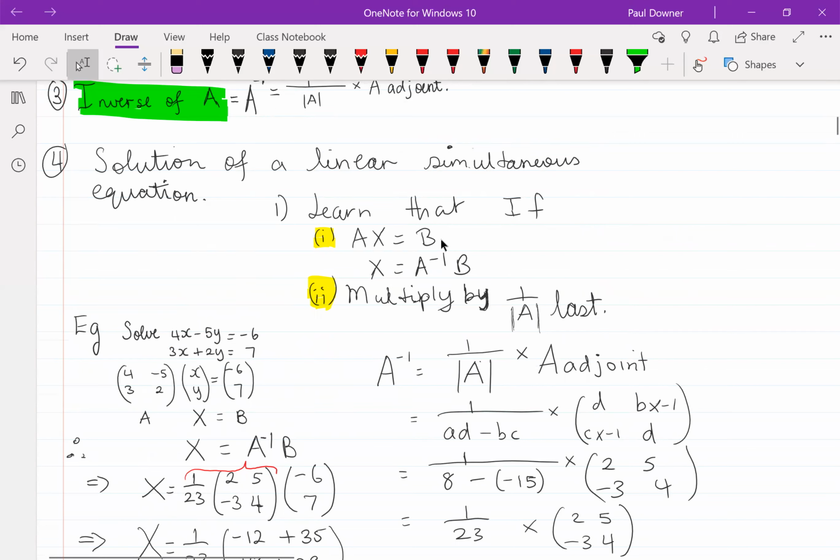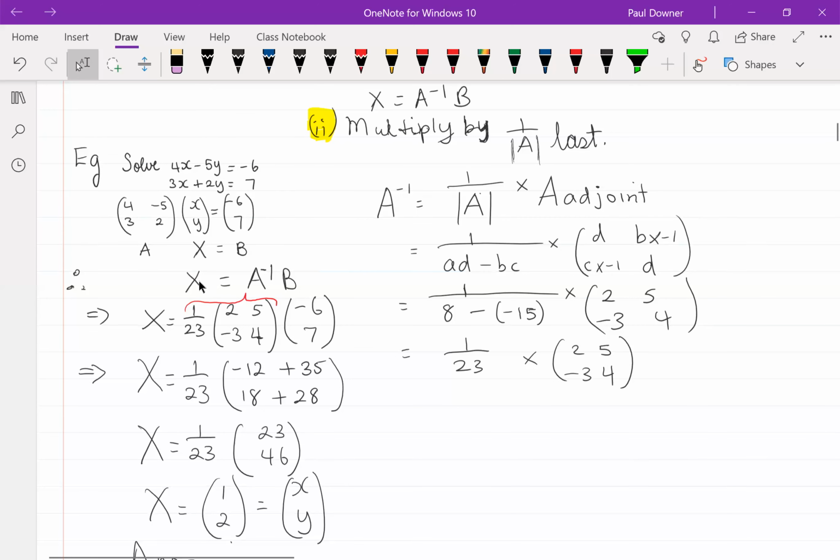If AX equal to B, then X must be equal to A to the -1 B. So that's how we're going to work out our x and y values, which we call matrix X here.